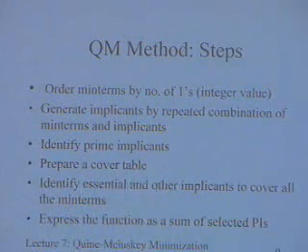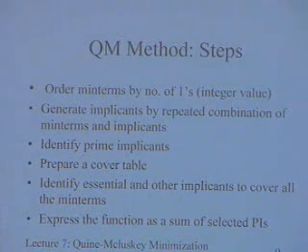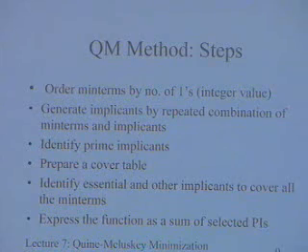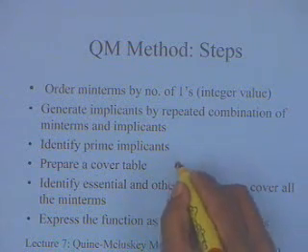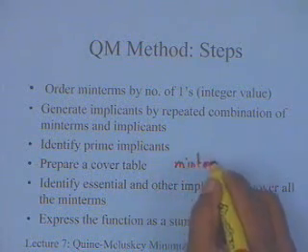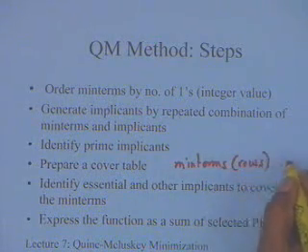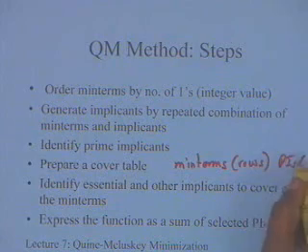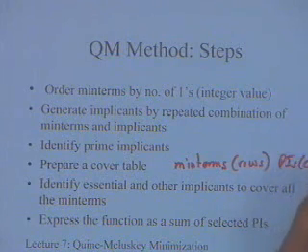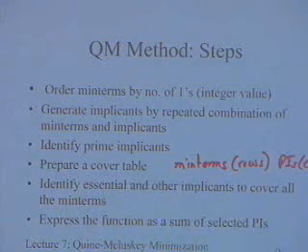Then I prepare a cover table. My first cover table consists of all minterms being the rows and all prime implicants being the columns. That's the first thing. This is the cover table.